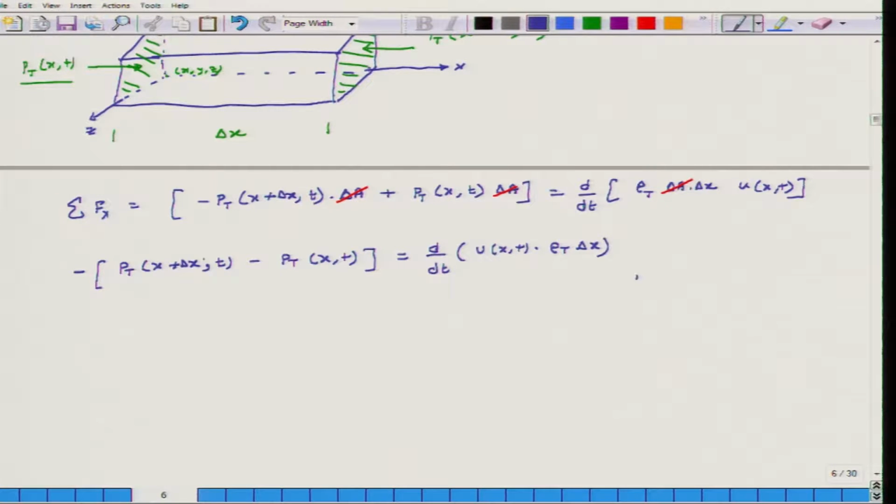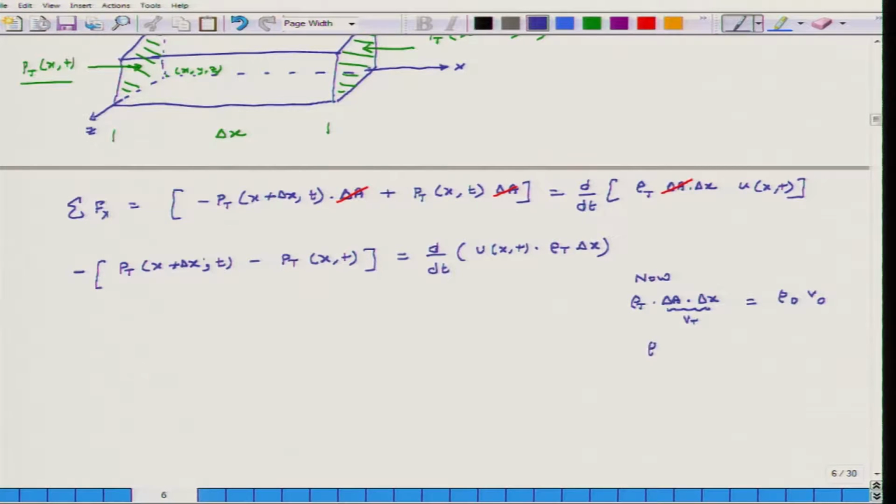Now, we know that we had made a constant mass assumption, which means a constant mass particle assumption, which means that rho(t) times volume, which was delta A times the length delta x, so this is V(t), delta x times A is V(t), was same as rho naught V naught.